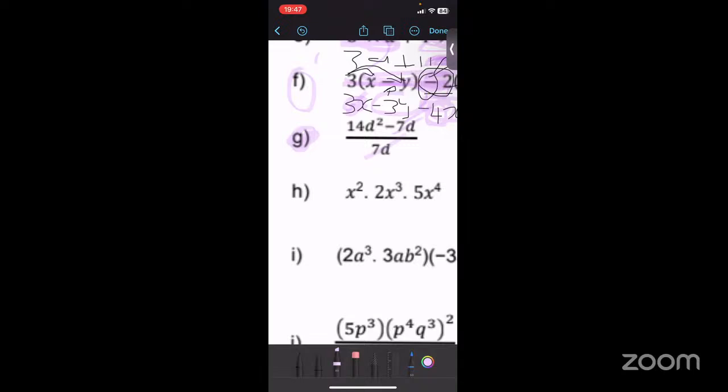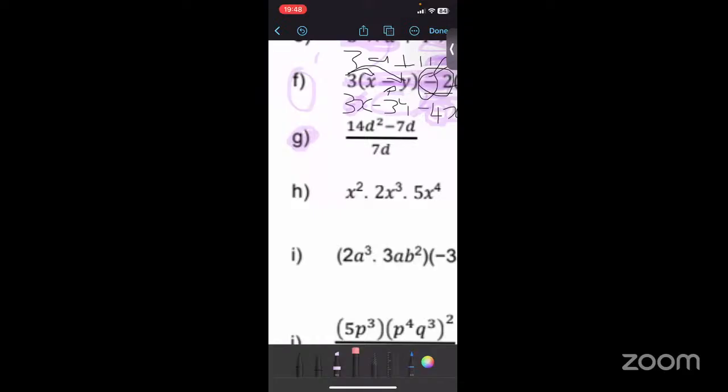Ma'am, let's start with 14D to the power 2 minus 7D. You divide that, then it gives you a 2, a 2D, because this 2 and the imaginary 1 on the D, they minus each other. So 2 minus 1 is going to give you 1.